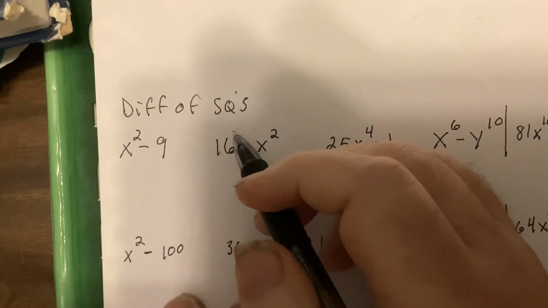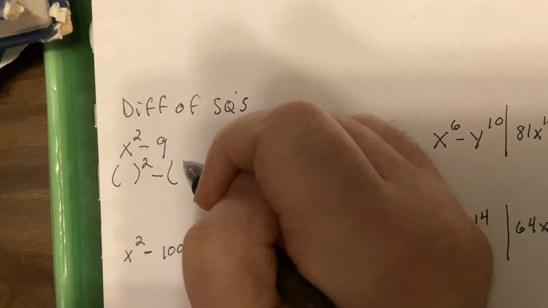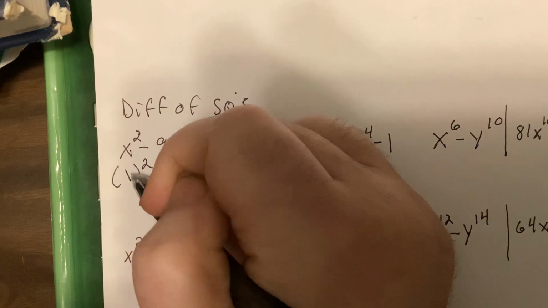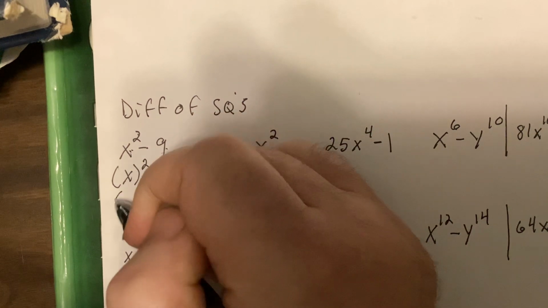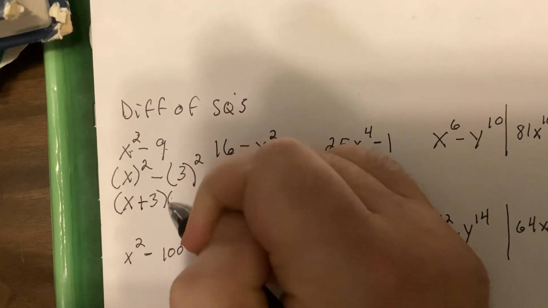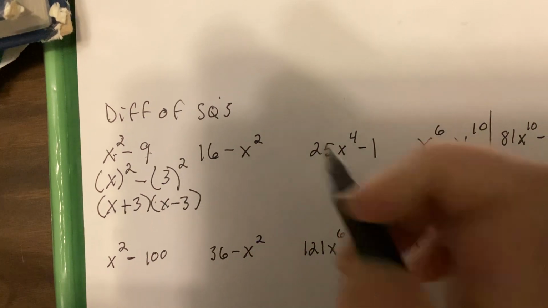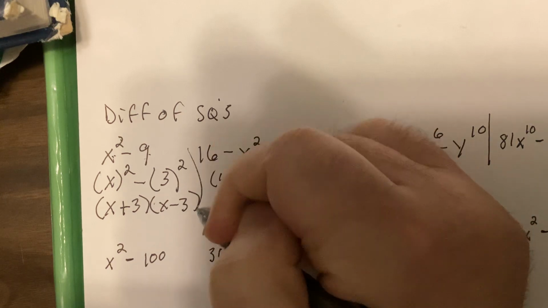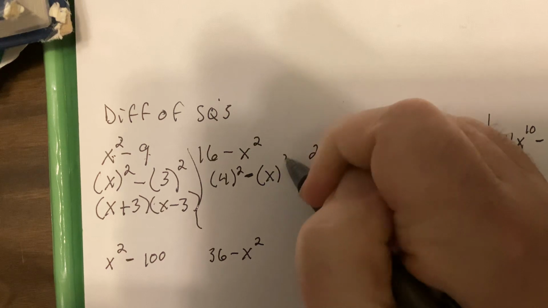Okay, difference of squares. If you have a square minus a square, and this is x squared is x squared, and 9 is 3 squared, you write it, what are you squaring plus what are you squaring? What are you squaring minus what you're squaring? So this would be 4 squared minus x squared.